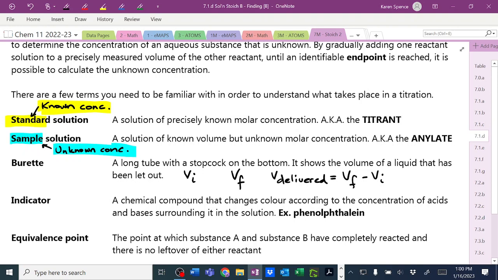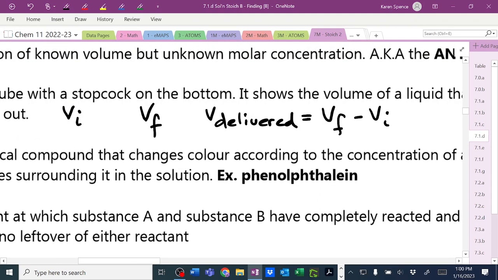The most common indicator that we will use is called phenolphthalein. And yes, you have to spell that correctly. No, I'm just kidding. No, you don't. Okay. It's called phenolphthalein, which I think is pretty awesome. It sounds like something Sylvester the Pretty Cat would say. Okay, phenolphthalein. But it is pink in acid, or no, sorry, it is colorless in acid.